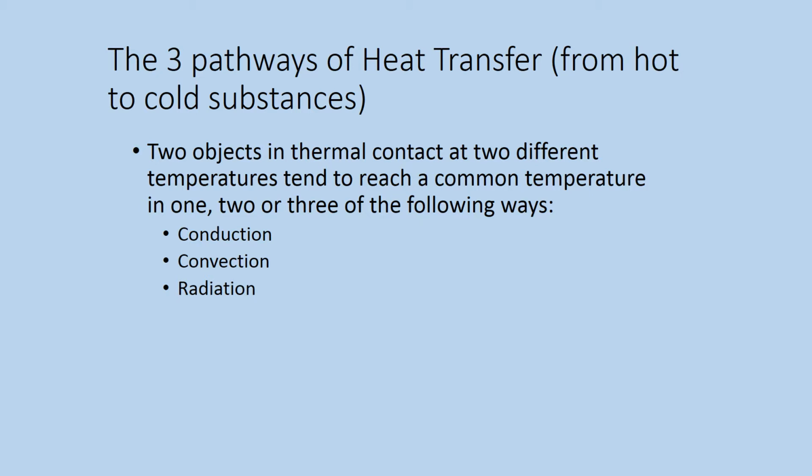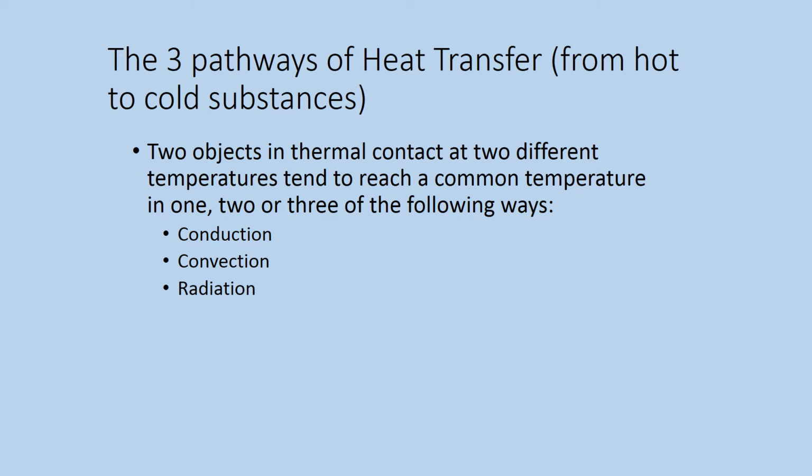Now, in this slide, we're going to reiterate the concepts of conduction, convection, and radiation by stating that in any of these cases, two objects that are of different temperatures but in thermal contact with each other will tend to reach a common temperature in one, two, or three of the following ways.